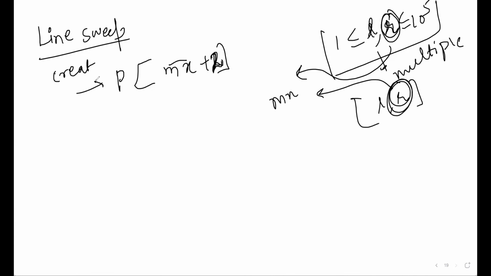So you create an array of size mx plus 2, why plus 2 we will see, and initialize all values with 0.